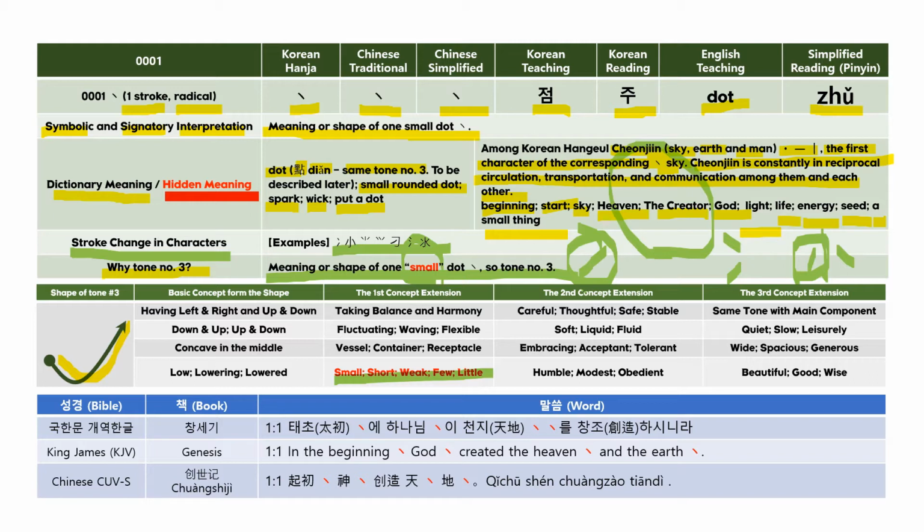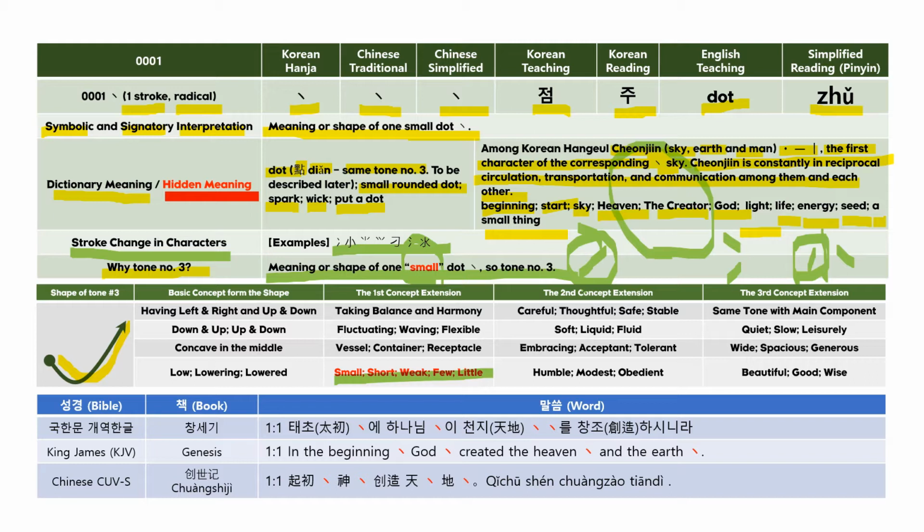And I've also added some Bible verses for your learning in words, in Korean and English King James and Chinese Union version, simplified Union version.